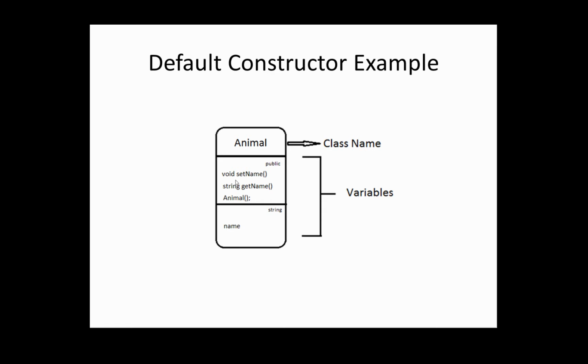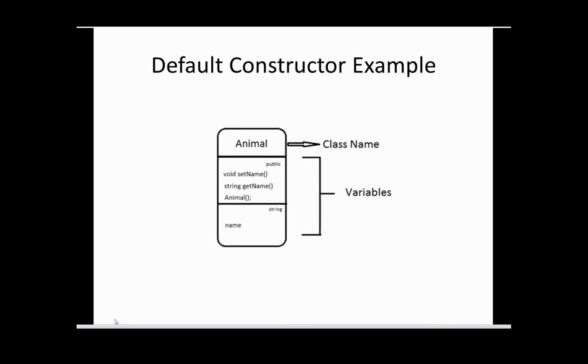This function's name is going to be get name, which means that we are going to need a value to use as the animal's name. So here we are going to have a name as private. Also we are going to create a constructor, as you see here.